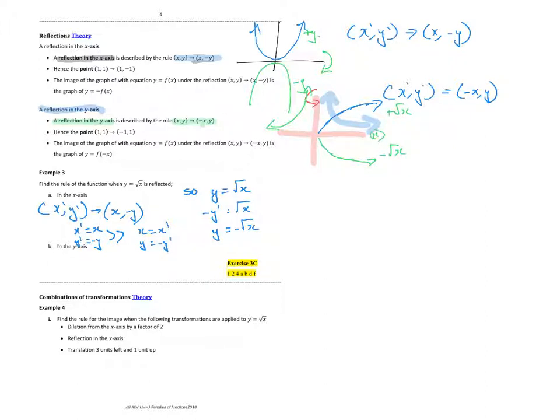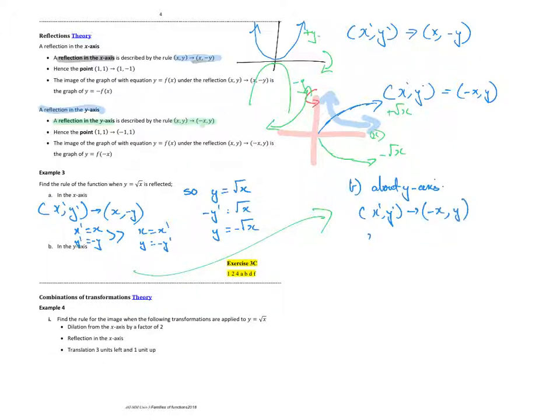All right, reflection in the y-axis means about the y-axis. So we'll end up with my new x and y values. About the y-axis means my x value has changed.